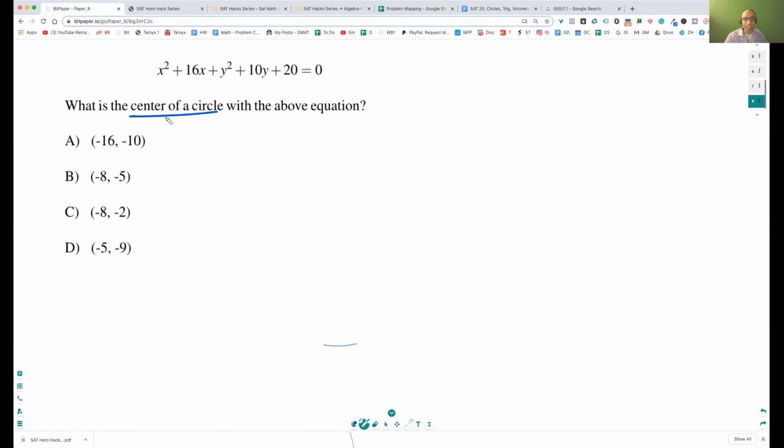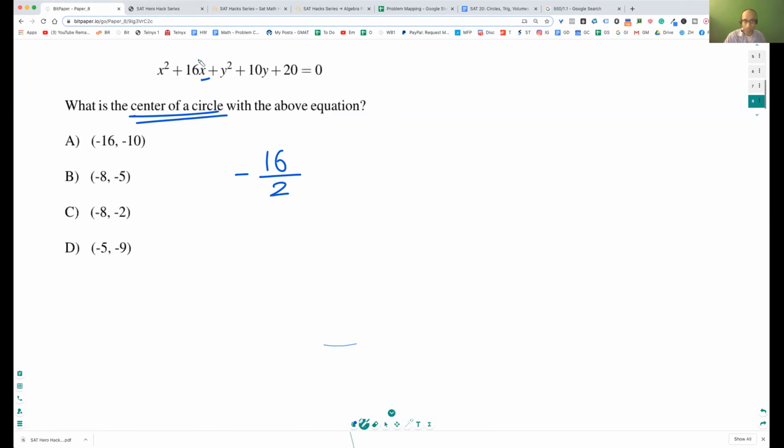As soon as you see the center of a circle, you should be able to pounce on it. What do you do, guys? Here's what you're going to do. You look at this X value over here. You look at this X alphabet and you write the number in front of it right over here. And then you divide it by 2 and put a negative sign.